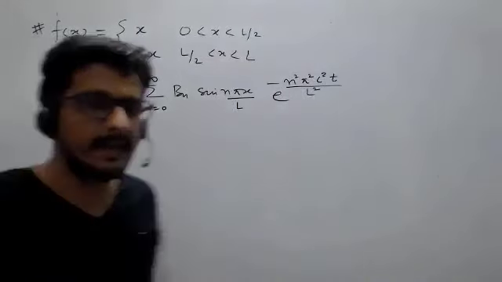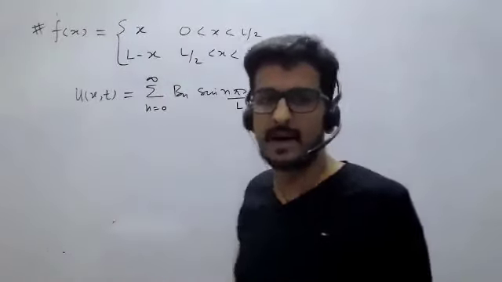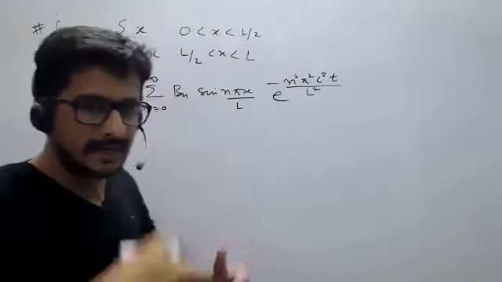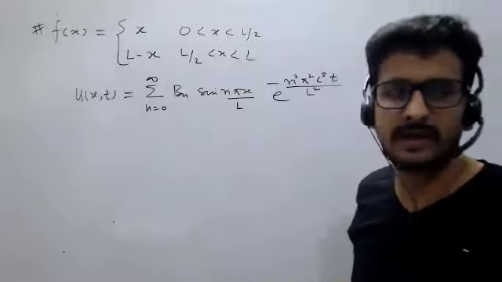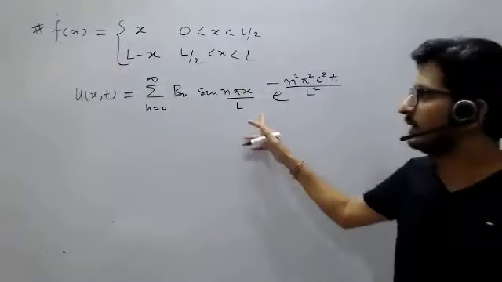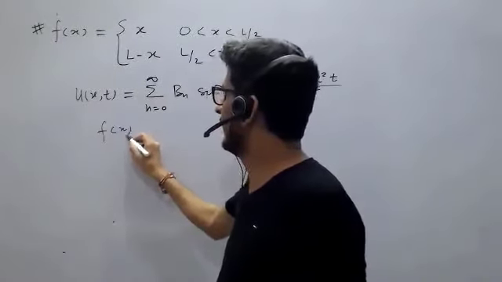So only this thing, and all other things are the same. I told you this is the same bar. The ends are at 0 degrees Celsius and it is laterally insulated. So the surface is laterally insulated, and then the value of f(x) is given. And what is f(x)? Let me remind you.